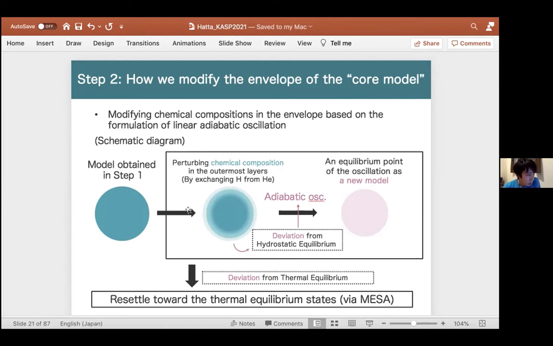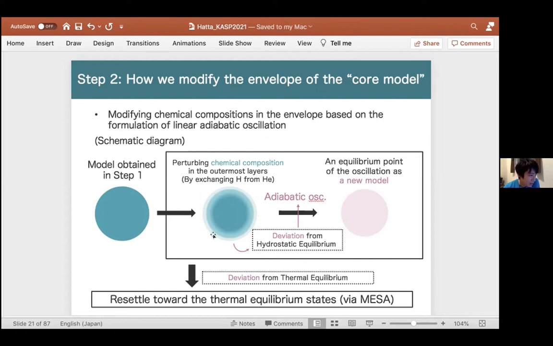Because of this calculation, this model is not in hydrostatic equilibrium anymore, and it must be oscillating around some equilibrium point. By assuming an adiabatic process, we can determine this new equilibrium point, and we adopt this new equilibrium point as a new model.